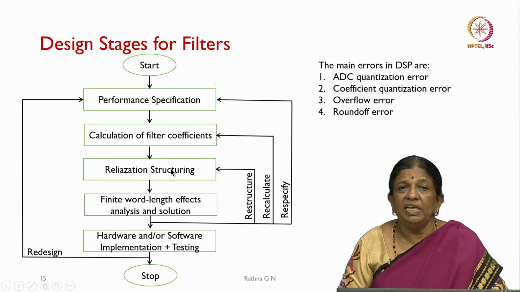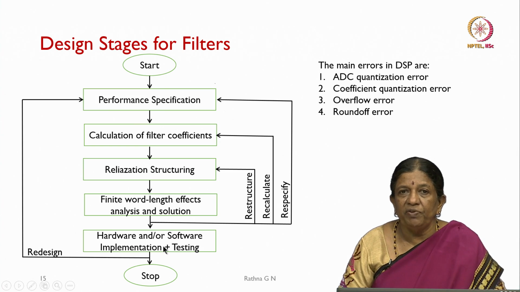So, whether we want linear phase for an FIR filter or cascaded sections for an IIR filter, and then we will look at the finite word length effects, analysis and solution, and later on we will port them onto the hardware and software implementation, and then go with the testing.